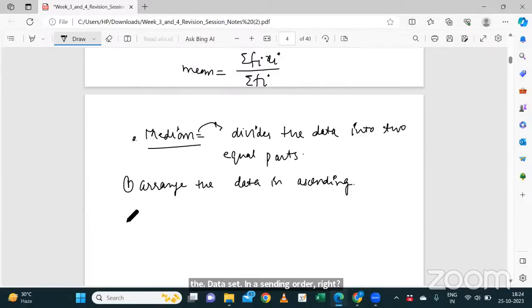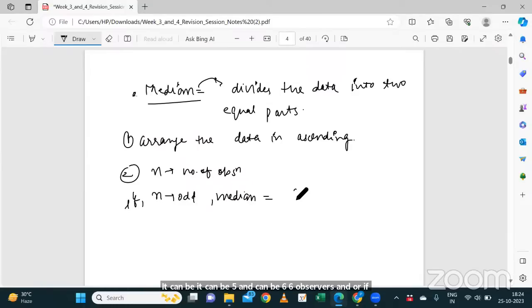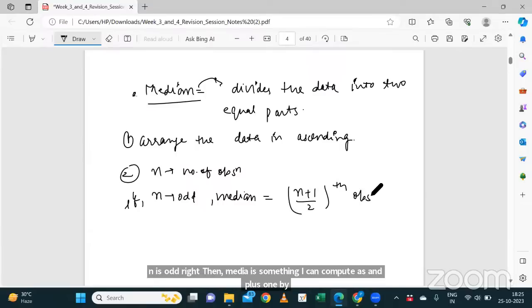Second step, to compute the median of numerical data, first you have to see the number of observations. This n represents the number of observations. You have to see whether n is odd or even. If n is odd, then the median is the (n plus 1) by 2th observation of the data set.